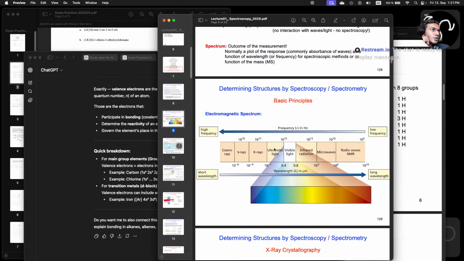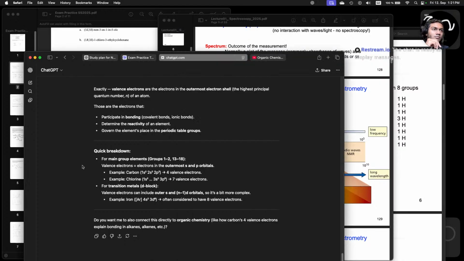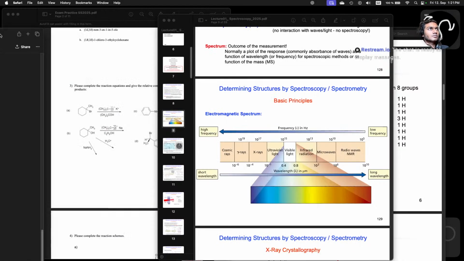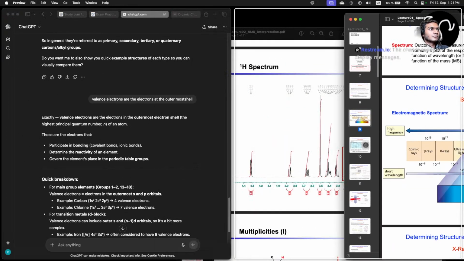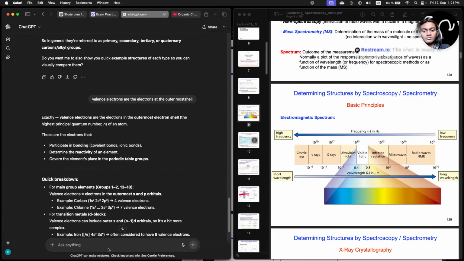Ultraviolet rays, cosmic rays has the highest frequency, wavelength. Could you explain?